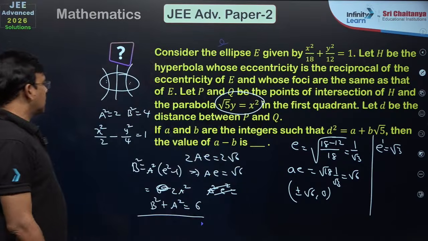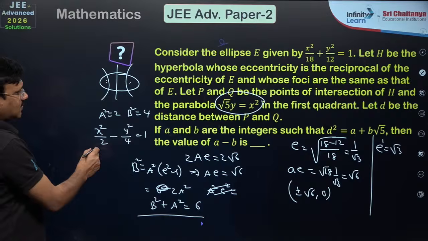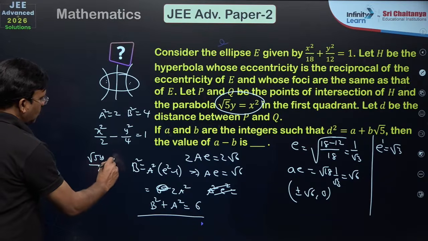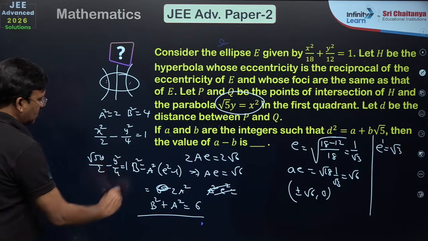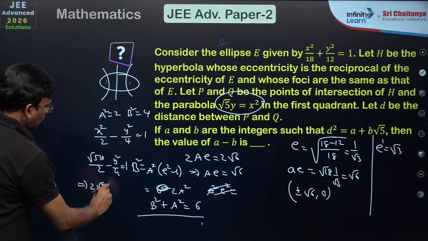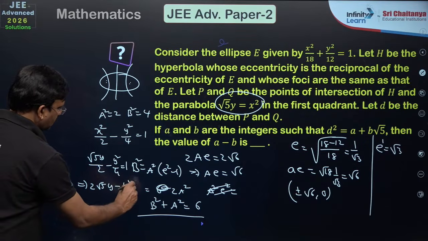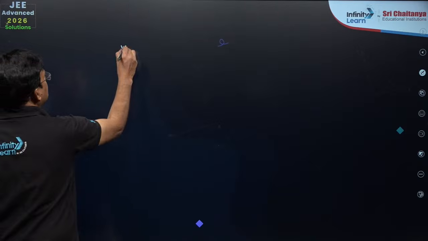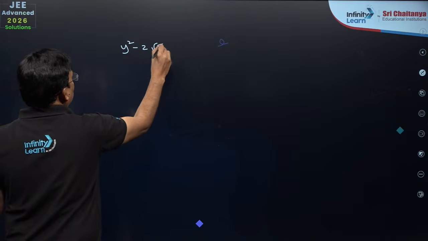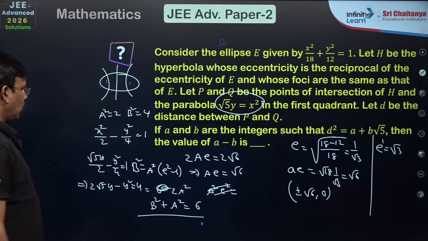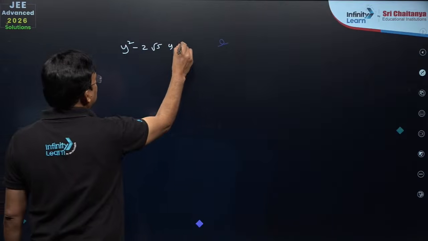So x square can be replaced by root 5 y. Root 5 y by 2 minus y square by 4 is equal to 1, which gives a quadratic equation: 2 root 5 y minus y square is equal to 4. So y square minus 2 root 5 y plus 4 equal to 0.